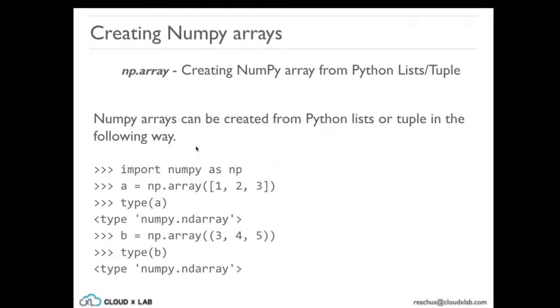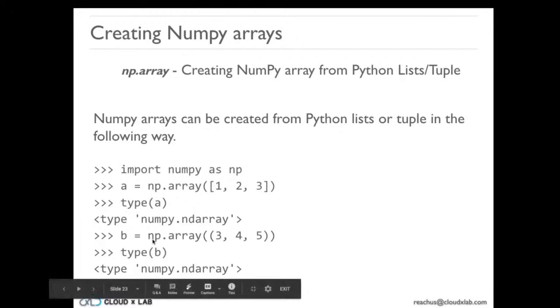We first have to import NumPy as np, and you can declare A as an array. As you see, A is an array, and if you print type of A, you get what A is. Similarly, you can declare B. Here we have declared B as a tuple, and that also can be converted into a NumPy array, and that works fine. It's not an issue. You can declare it multiple ways.